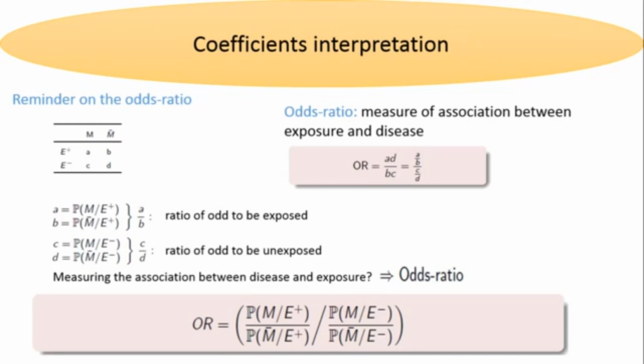Also, to interpret our coefficient, I can remind you of a notion about the odds ratio that you can find in my previous tutorial. The odds ratio is defined as a measure of association between exposure to the disease and the disease itself.